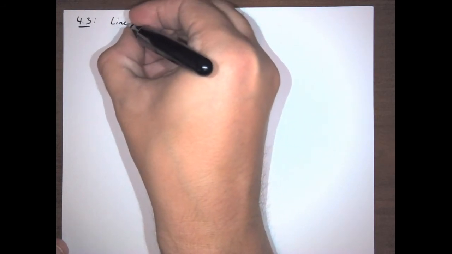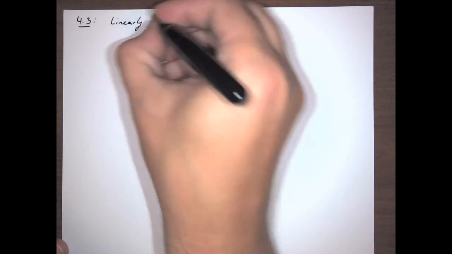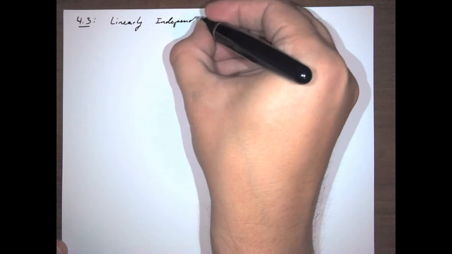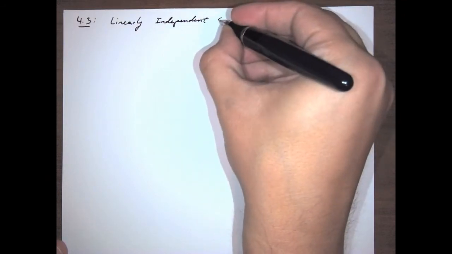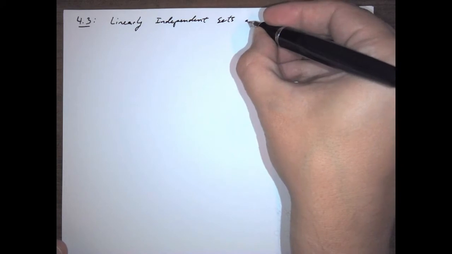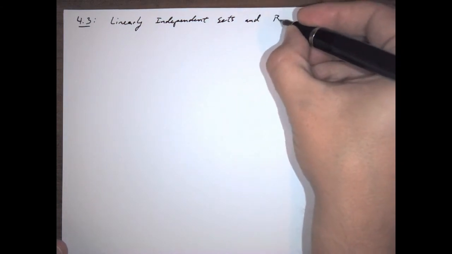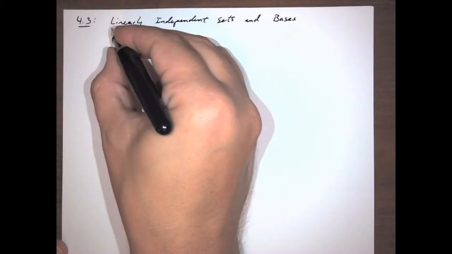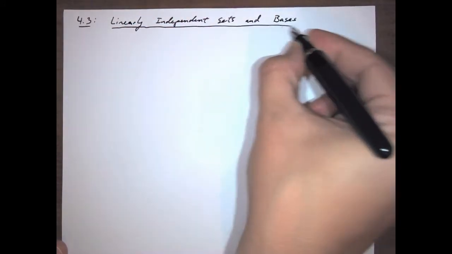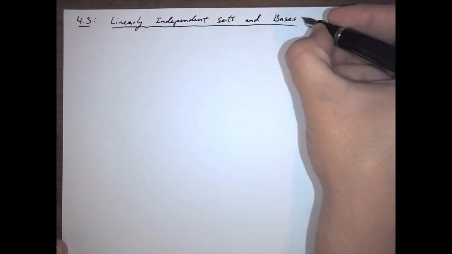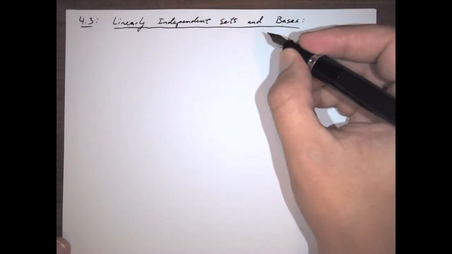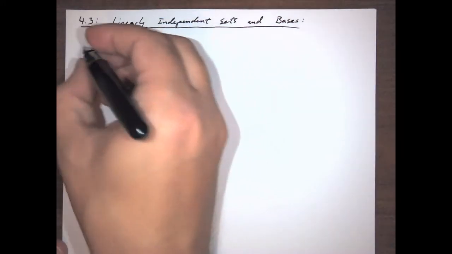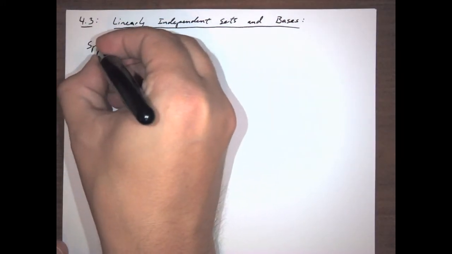So linearly independent sets, and bases. Bases is the plural of basis. And as for linearly independent sets, hopefully by now that speaks for itself. Alright, so let's start with what is called the spanning set theorem.